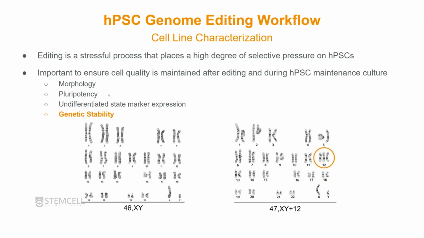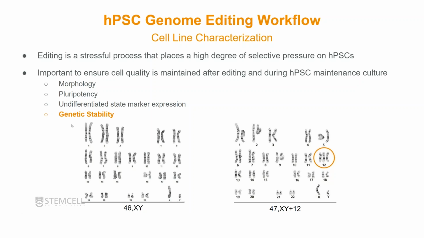So there are some areas of cell quality that we have identified, including morphology of the pluripotent stem cells. You also want to make sure that your cells are still pluripotent in that they can differentiate into all three germ layers and that they express markers of the undifferentiated state. Finally, you want to ensure that your pluripotent stem cells maintain genetic stability.